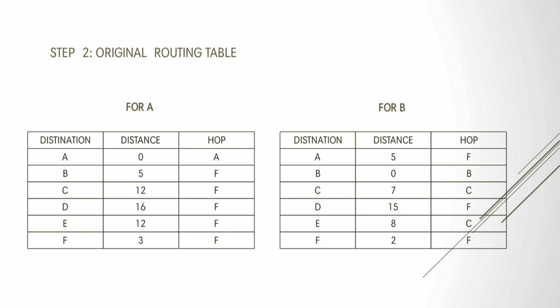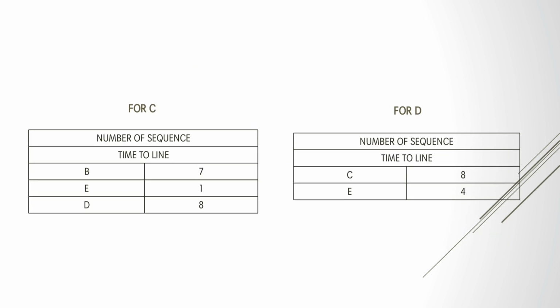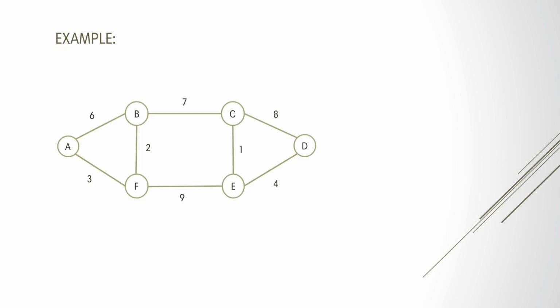Now let's see for C. Destination C. For A to reach C, there are 3 ways: from A to B, then C; then A to F, E, and then C; then A to F, B, C. Now we should see which path covers the minimum distance.